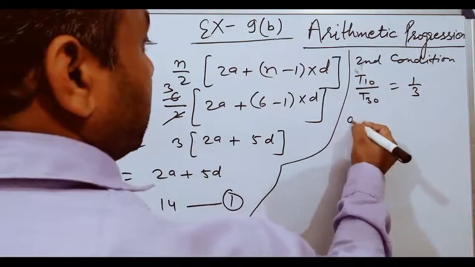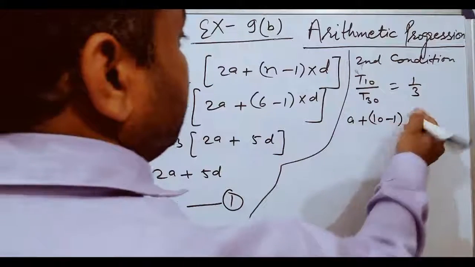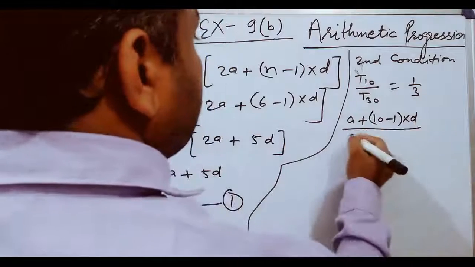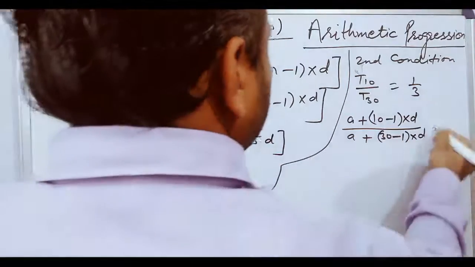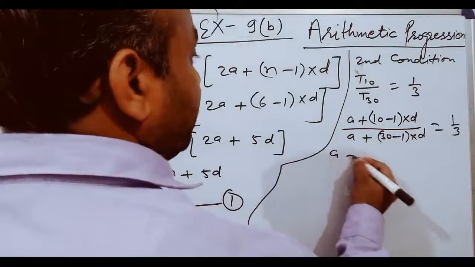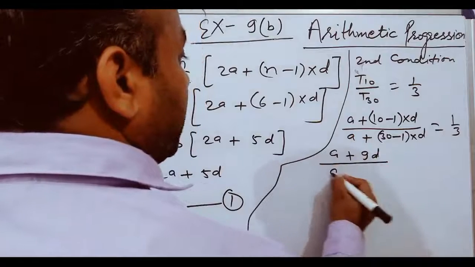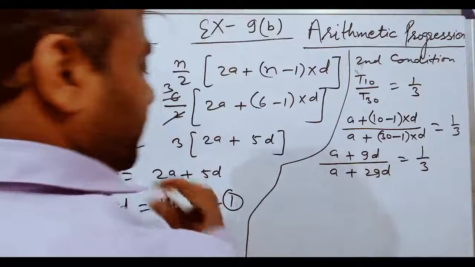This is a plus (10 minus 1) into d, using a plus (n minus 1) into d, over a plus (30 minus 1) into d. We don't know a and d, so we'll write a and d only. a plus 9d upon a plus 29d equals 1 upon 3.